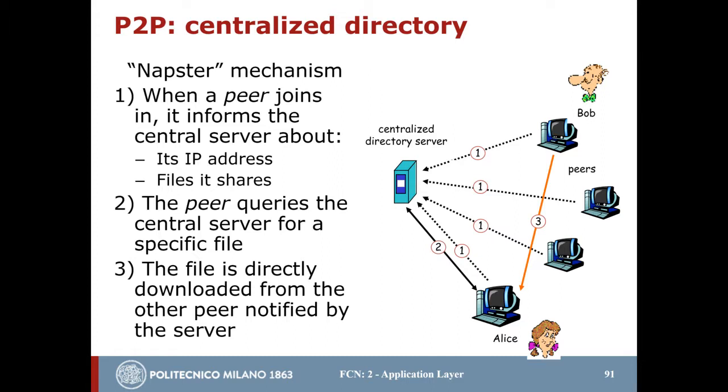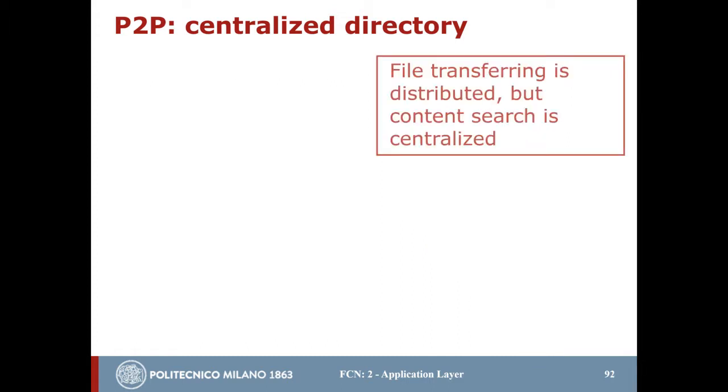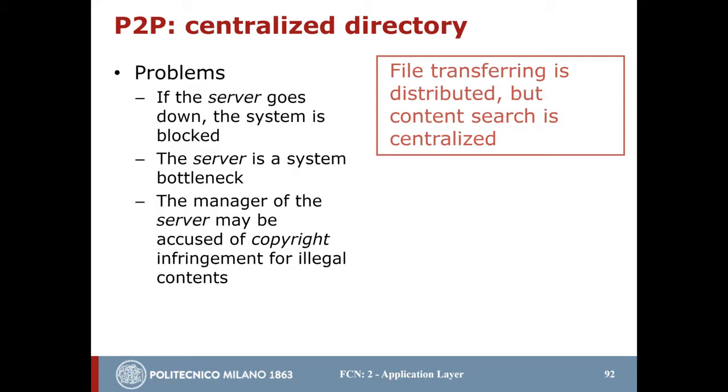The problem with this architecture is that it is easy to implement, but there are several critical issues. For example, if the server goes down, the system is completely blocked. If the server receives a lot of requests, then the processing capacity of the server can become a bottleneck of the system.